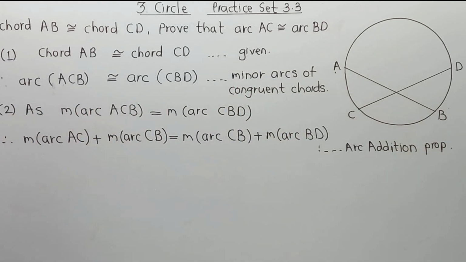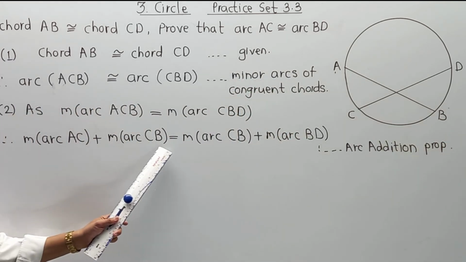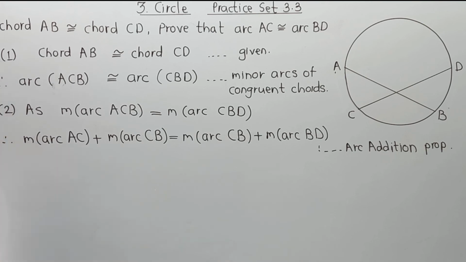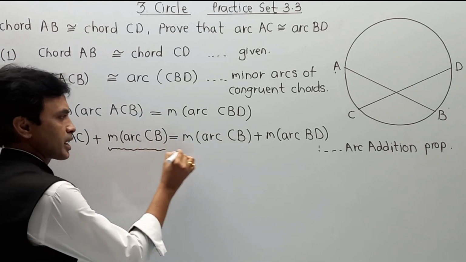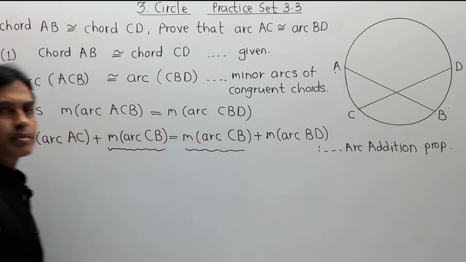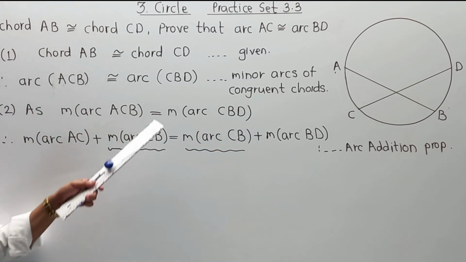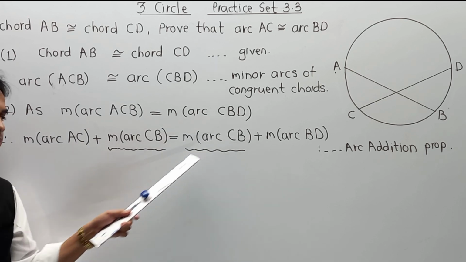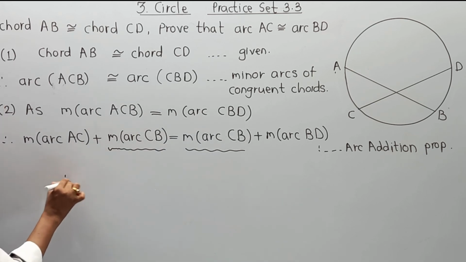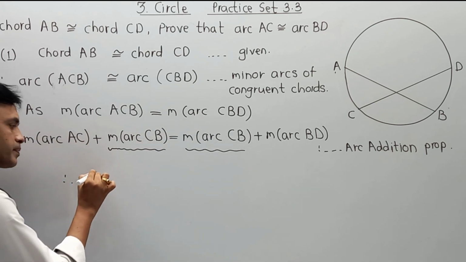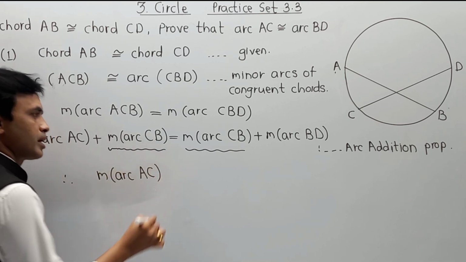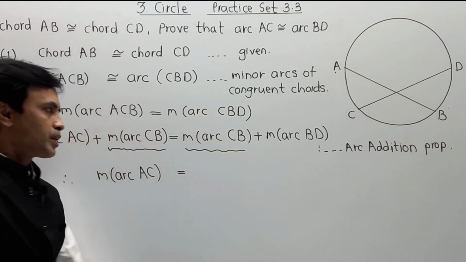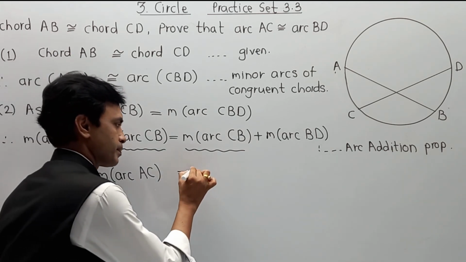Now you can see one thing: major arc CB is available in both the cases. So cancelling major arc CB with major arc CB, you will get major arc AC is equal to major arc BD.